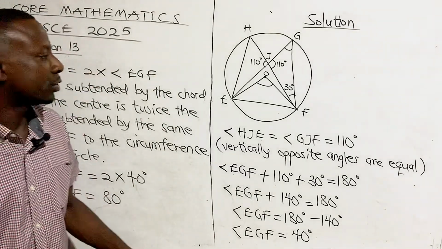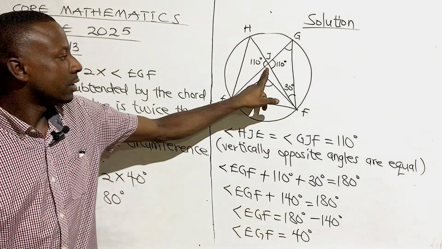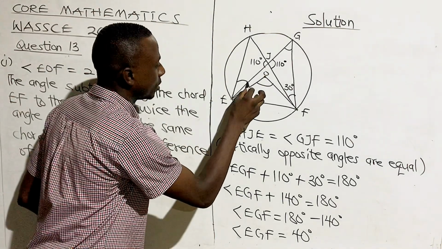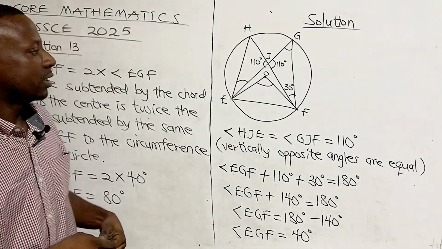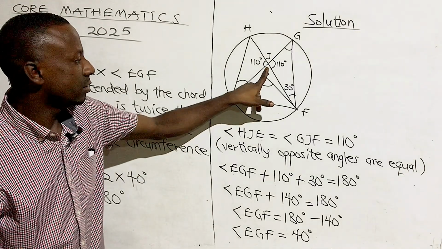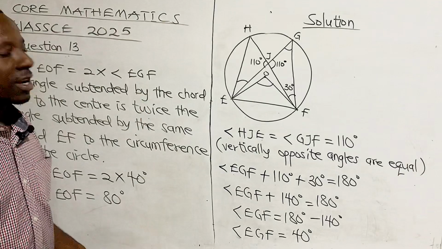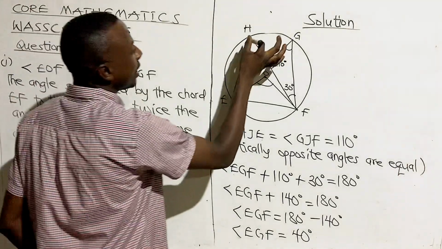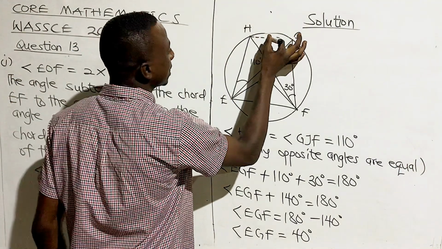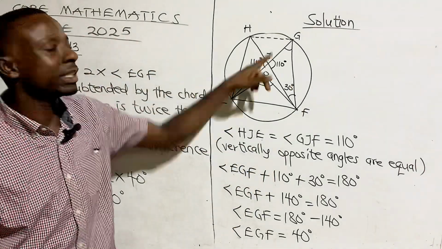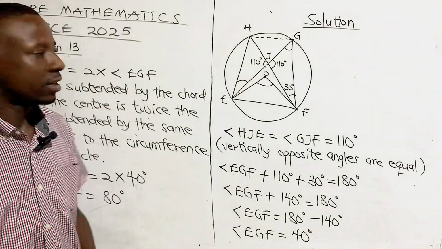The second part is also to find angle JEH. So the angle here. Now from here, I can introduce short dashes. And this short dashes I have introduced is a chord.